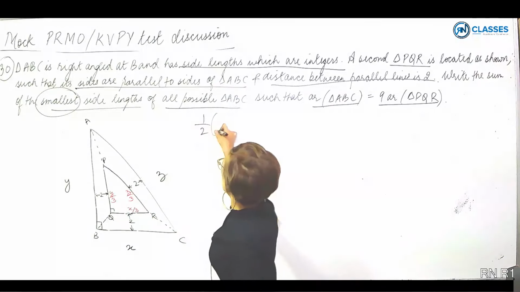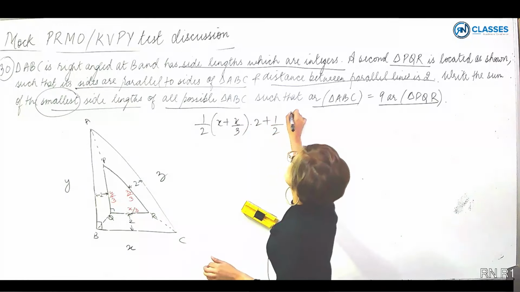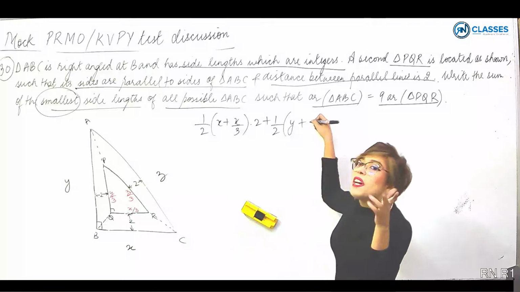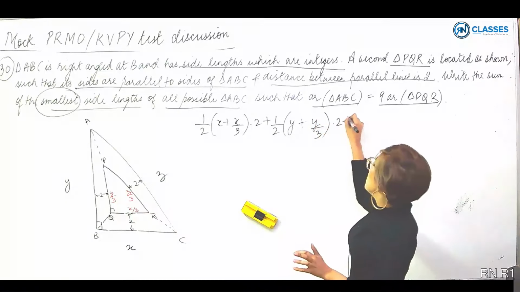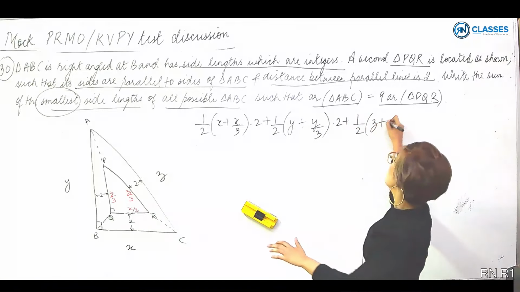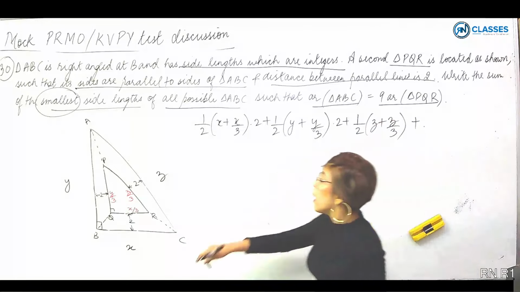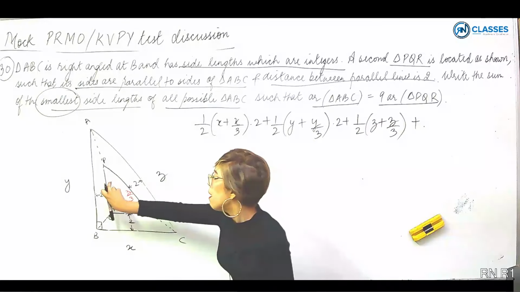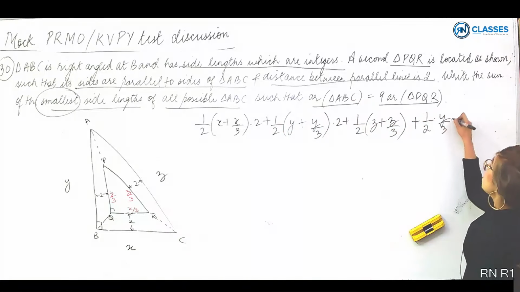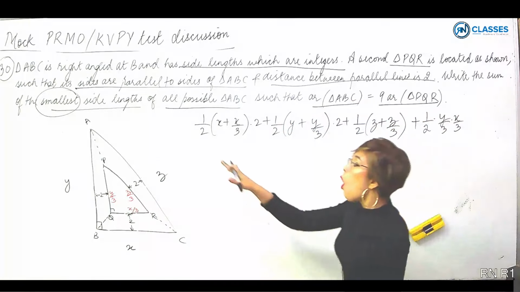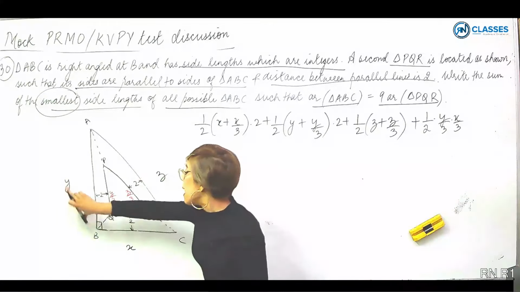So half into x plus x by 3 into 2 plus half into y plus y by 3 into 2 plus half into z plus z by 3 into 2. I know I wrote x by 3 plus x, but it's one and the same thing, who cares? Right? Area of the three trapezium plus area of triangle PQR, that is half into y by 3 into x by 3. I'm adding all of these areas and I'll get the area of the entire triangle. So half into y into x.